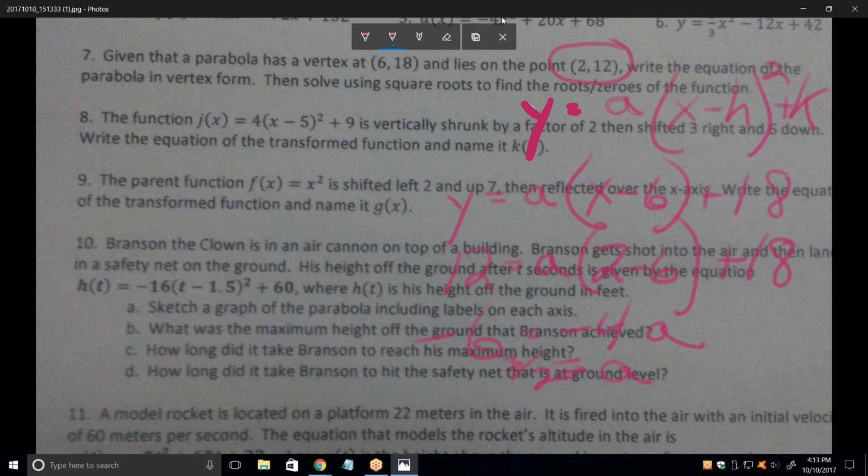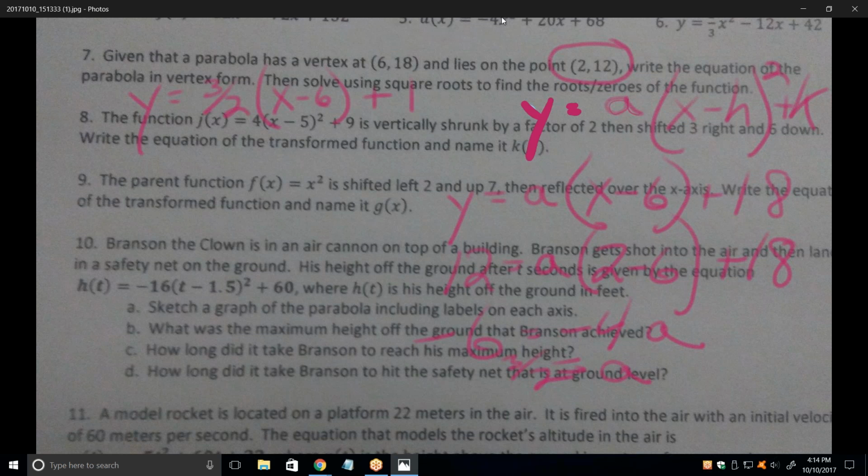And I get a equals positive 3/2. So now what's the equation of my parabola? So f of x or y equals positive 3 over 2 times (x minus 6) squared plus 18.